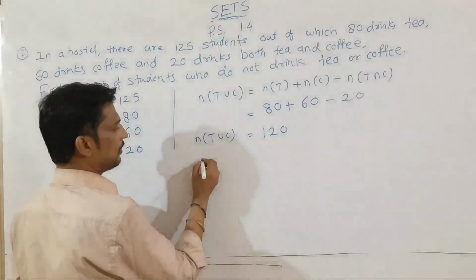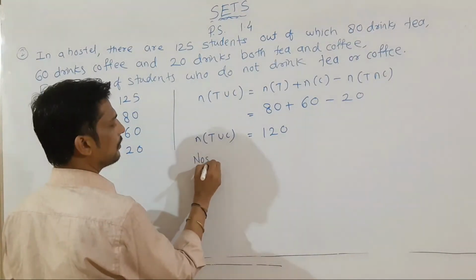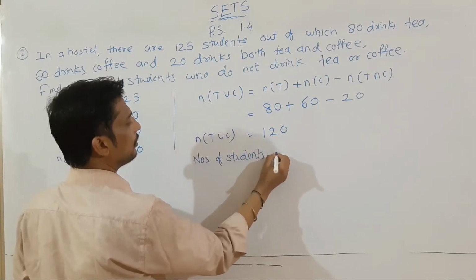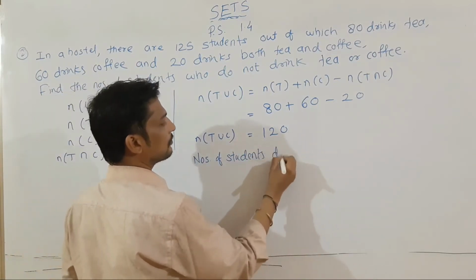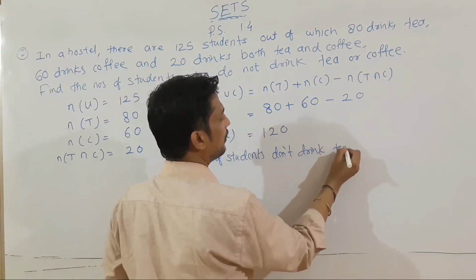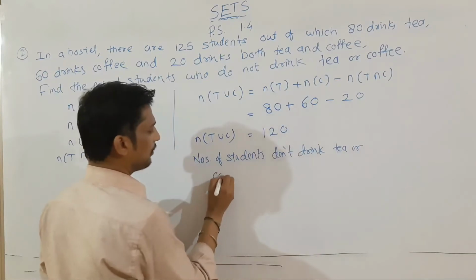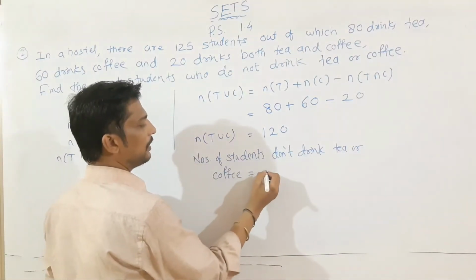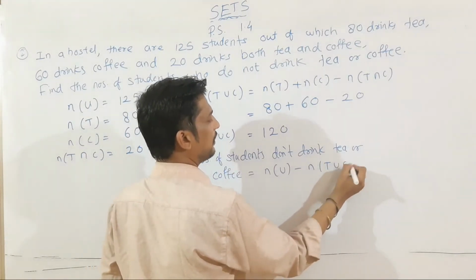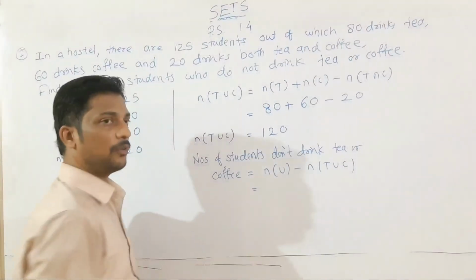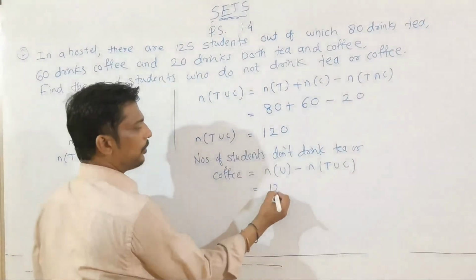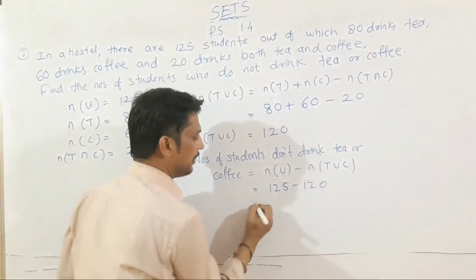That's why I will write it over here. So number of students who don't drink tea or coffee is equal to number of universal set minus number of T union C. See, number of universal set minus number of T union C, and that is equal to 125 minus 120 is equal to 5.